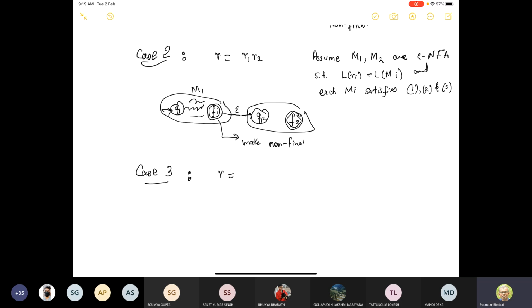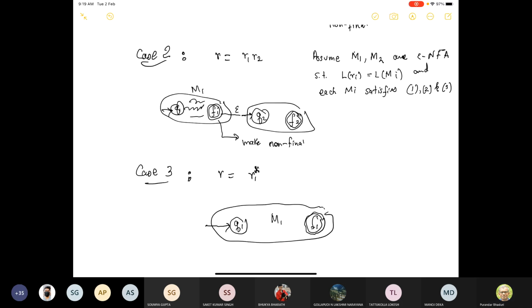This should be R1 star. Okay. So here's M1. Q1, F1. Right? So this is the initial state and this is the final state, right?